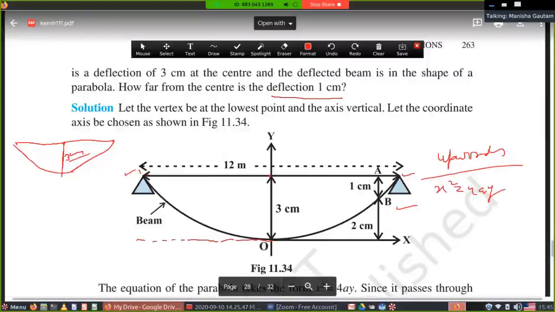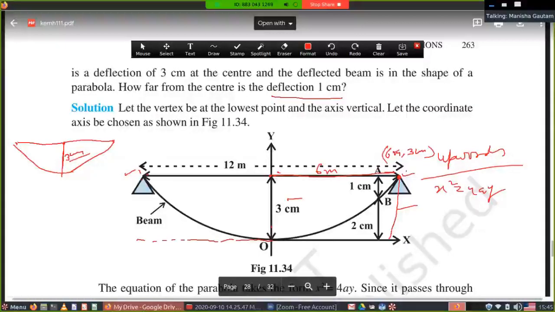As I have talked about this point, its distance from the y-axis, whole is 12, it means half is 6 meter, and the height is 3 centimeter. So this point will be (6 meter, 3 centimeter). X is 6 meter and y will be 3 centimeter.